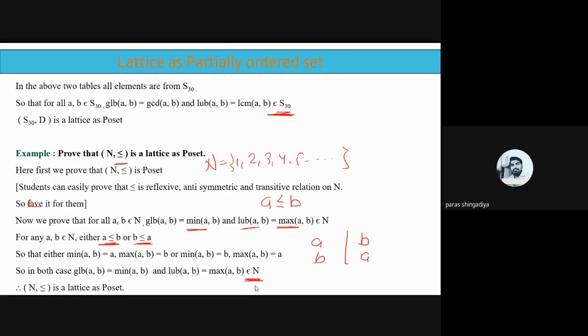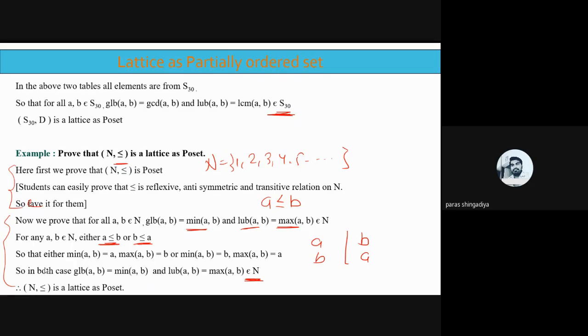Why is it a poset? Because we can easily prove it is a partially ordered set, and the two conditions GLB of AB and LUB of AB are also satisfied here, and therefore we can say that N with relation less than or equal to is lattice as a poset. Clear?